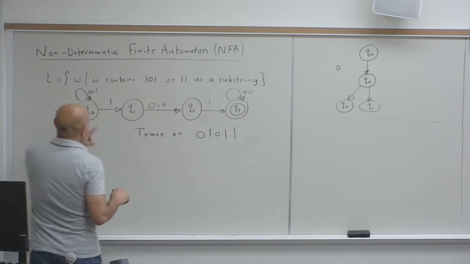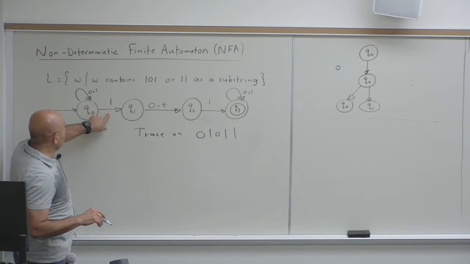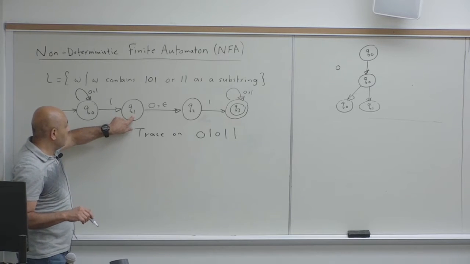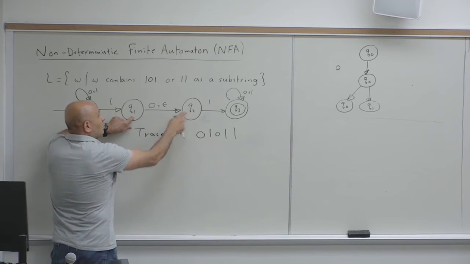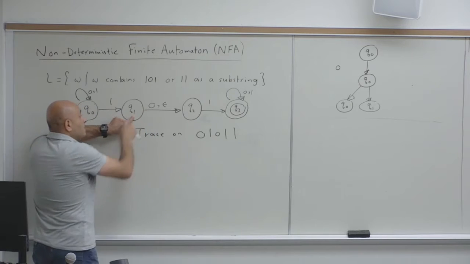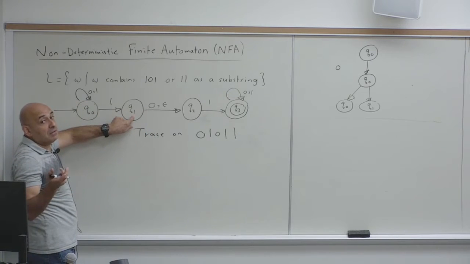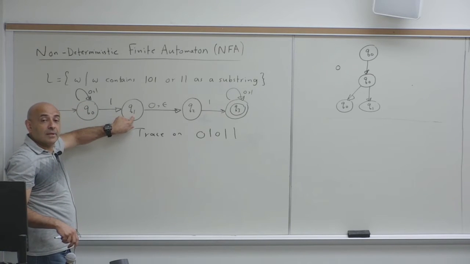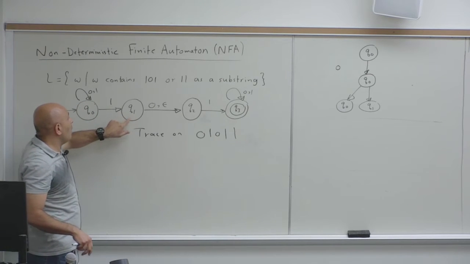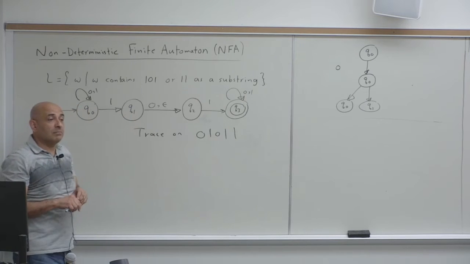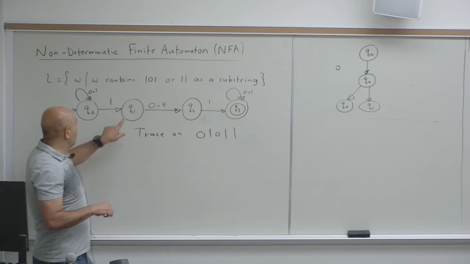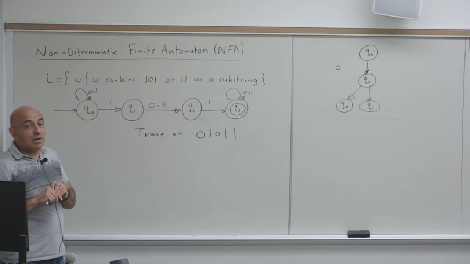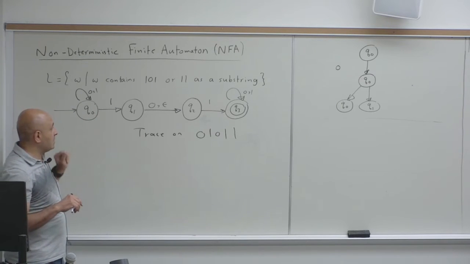So here, the 1 takes you from Q0 to Q1. But then this tells you, you can go to Q2 if you get a 0, or you can choose to go to Q2 if you get nothing. So this means that you can always go from Q1 to Q2 without reading any symbol from the input string.